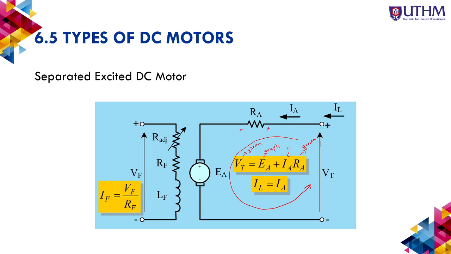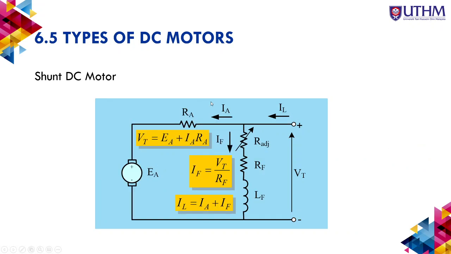So Ia equals Vt minus Ea, divided by Ra. And then IL equals Ia.